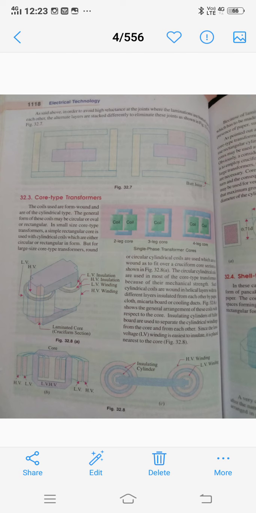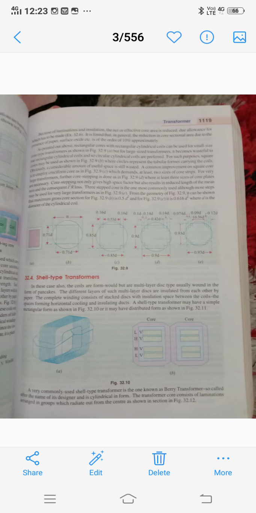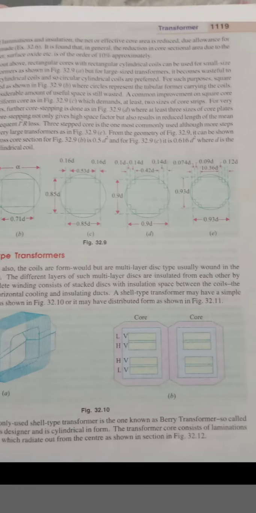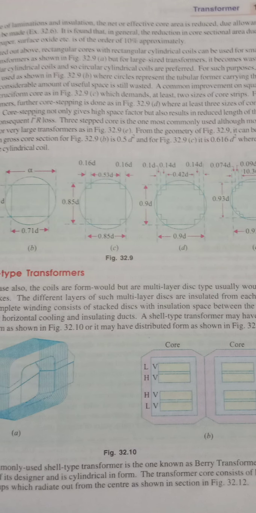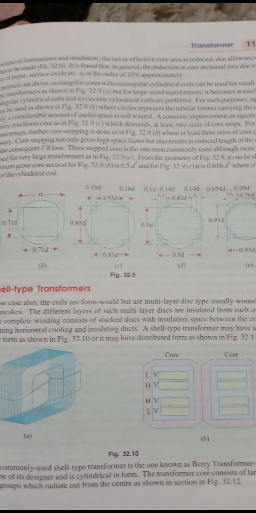In the shell type, L means the low voltage side and H means the high voltage side, and the transformer core works as a shell.